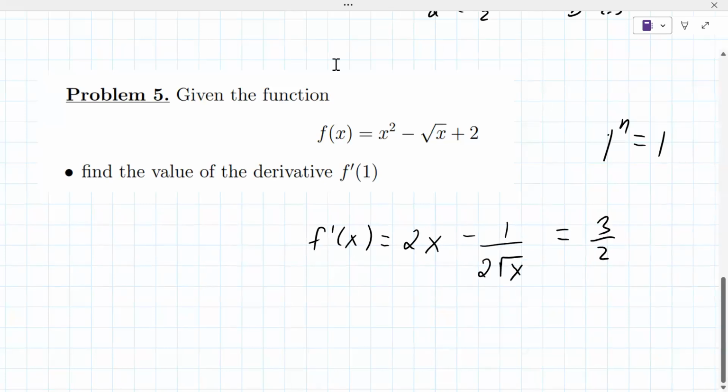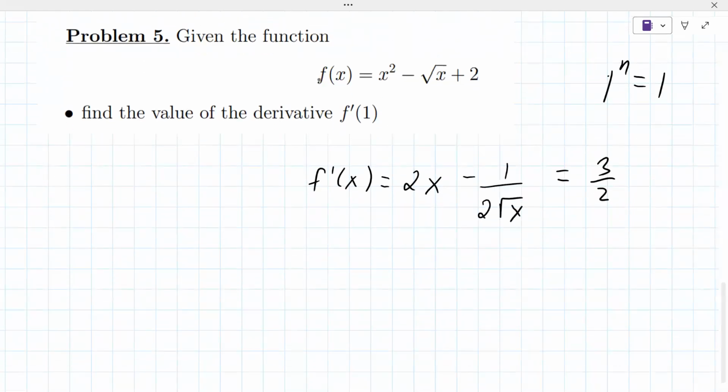All right. Now the real problem here is actually asking for the tangent line. So there's a couple of ways to do that. Choose the way that you like in terms of how you would write the equation of a line.